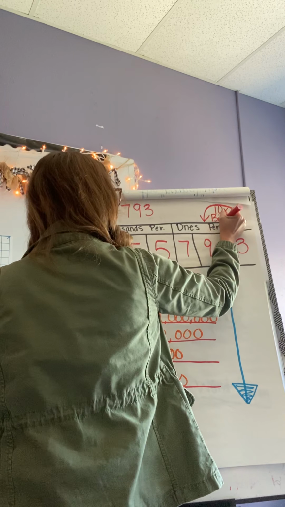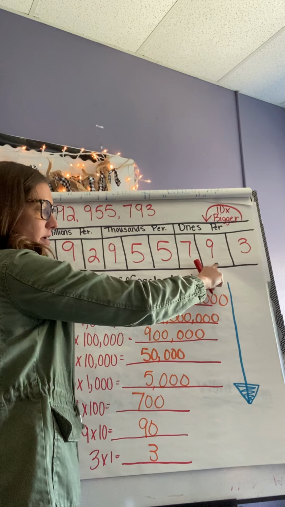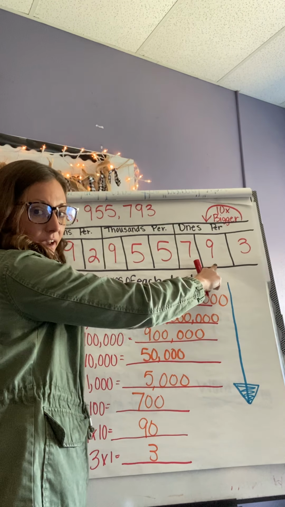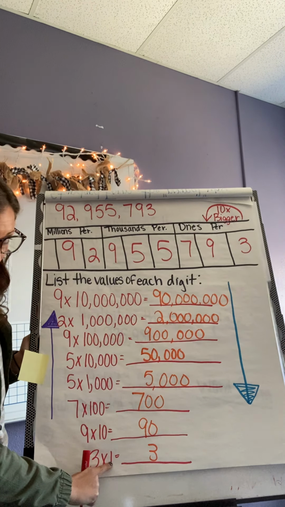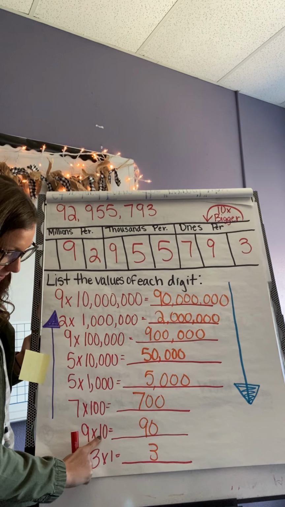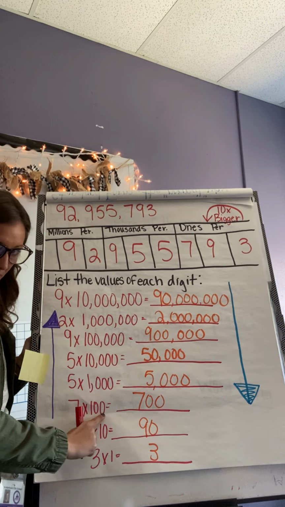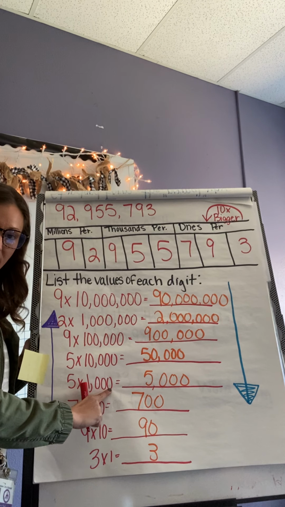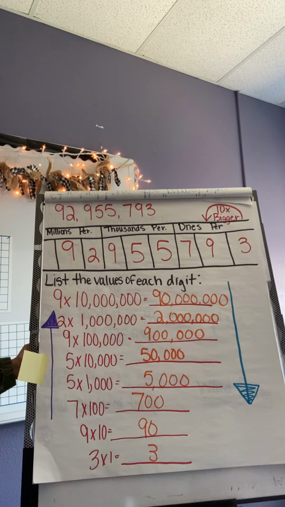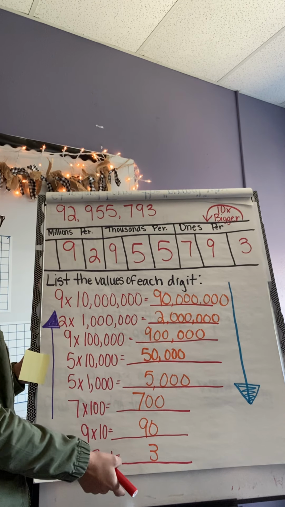Now the number might not be 10 times bigger, the digit's not 10 times bigger, it's just the value that is 10 times bigger, okay? See, 1 times 10, because it's 10 times, gives me 10. 10 times 10 gives me 100. 100 times 10 will give me 1,000. Every time you move to the right, the value gets a little bit smaller.